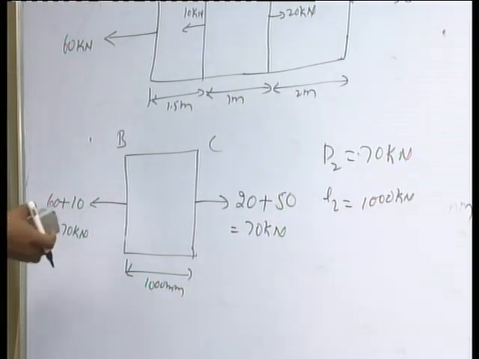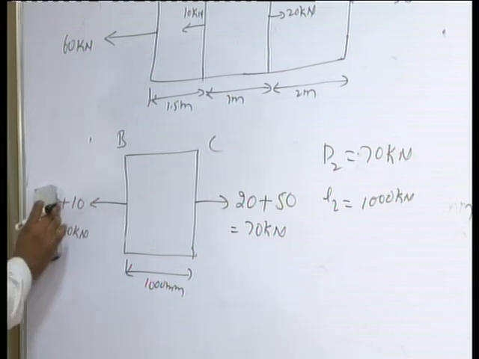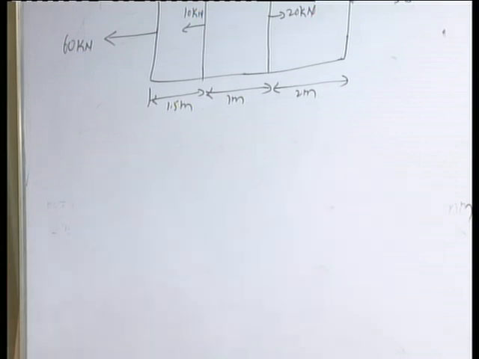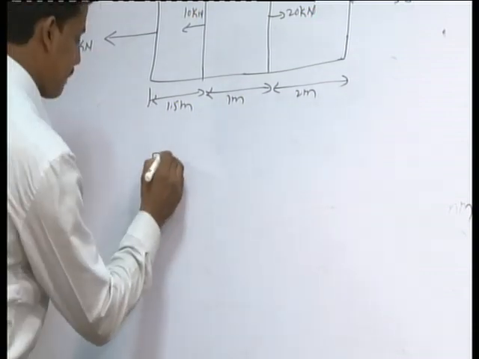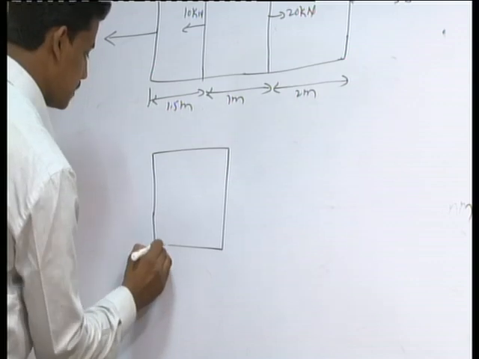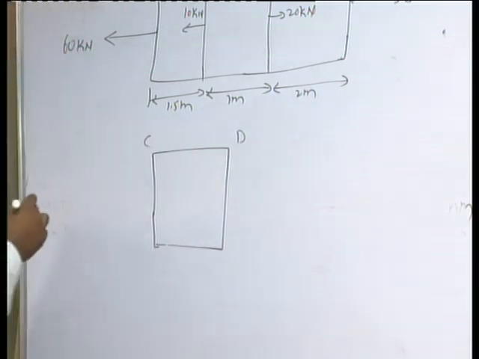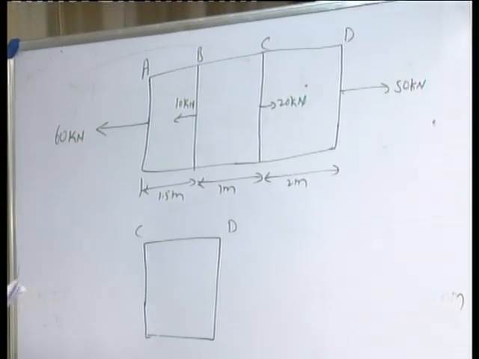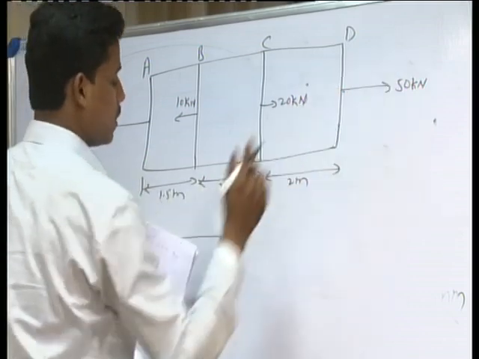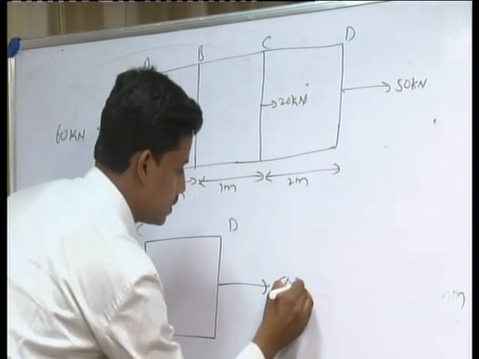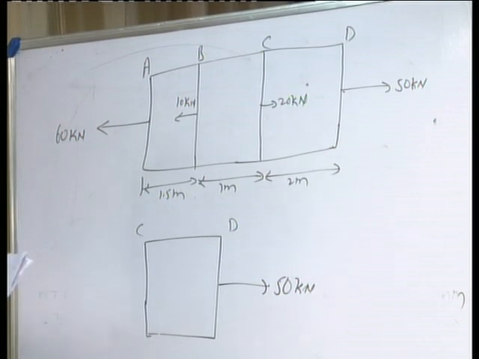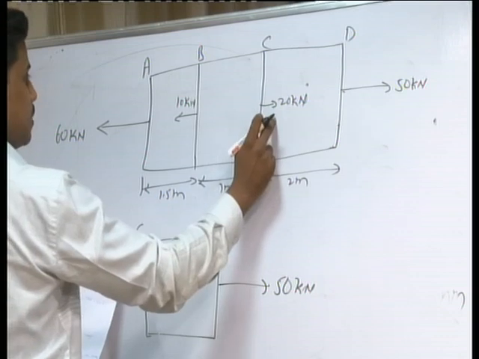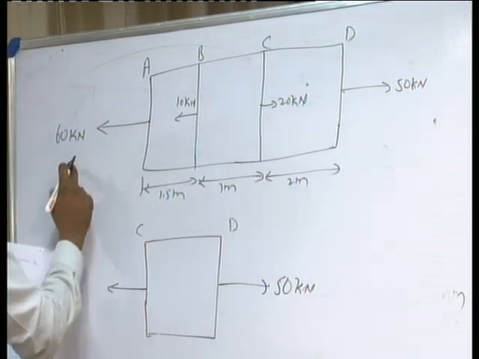If you consider block CD, here 50 kilonewton is acting on this side. In this case, 20 kilonewton is acting on this side, and 10 kilonewton and 60 kilonewton are acting in the other direction.